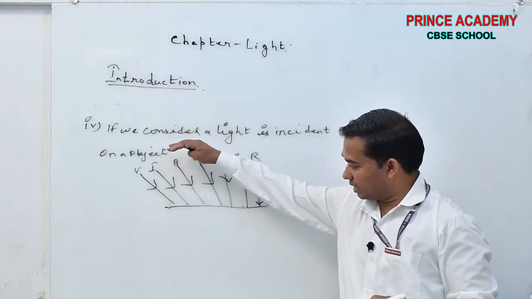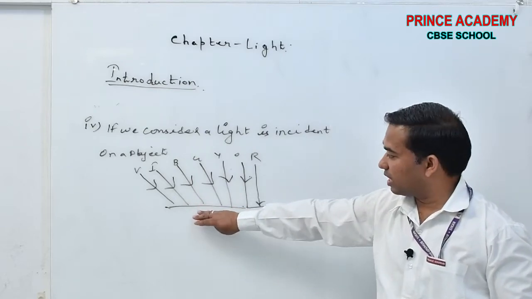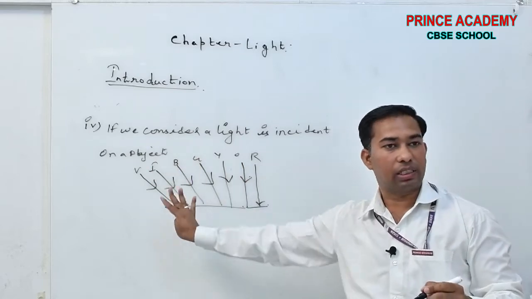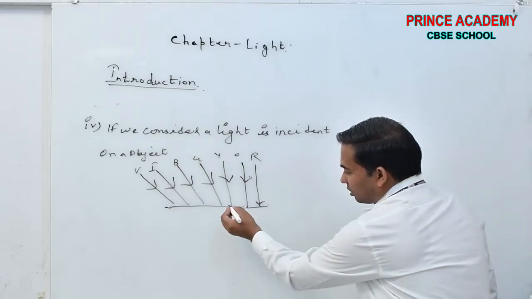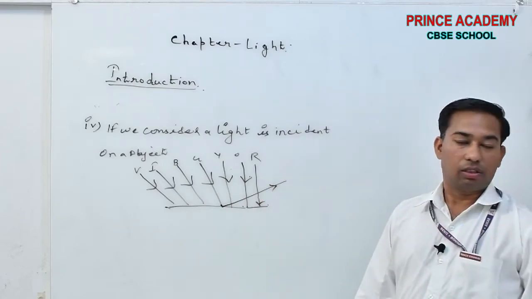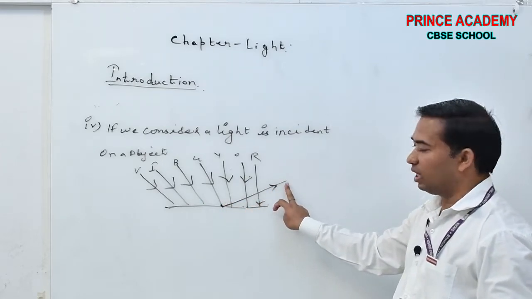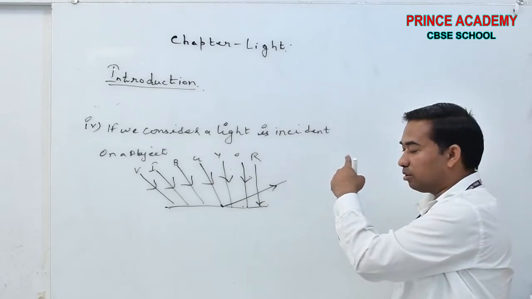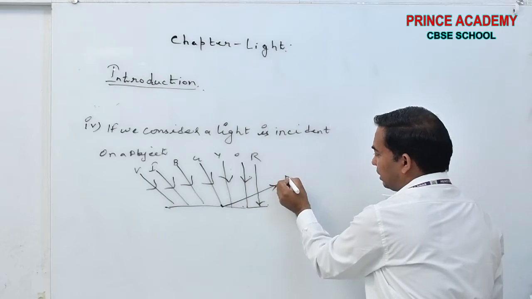It means the light is incident on an object in the form of white light. The white light consists of 7 colors. It means those colors' wavelengths are reflected, and this color can be seen by the person. It's a green color.